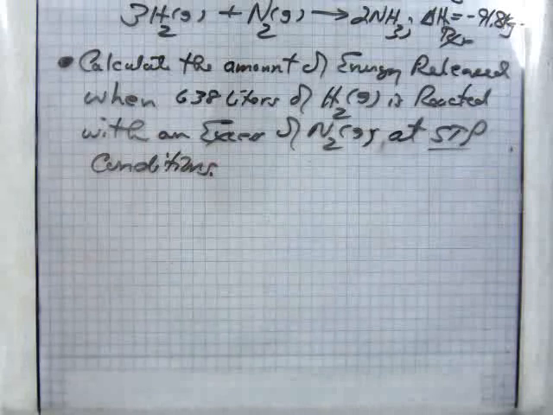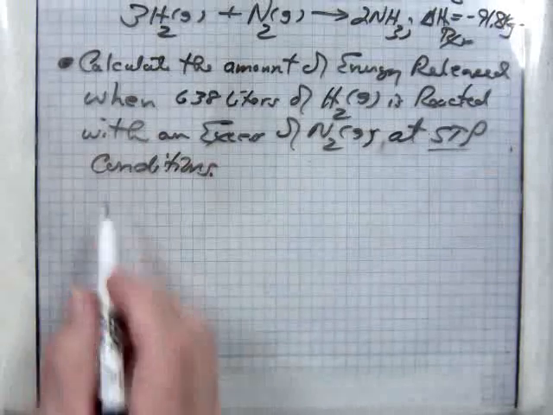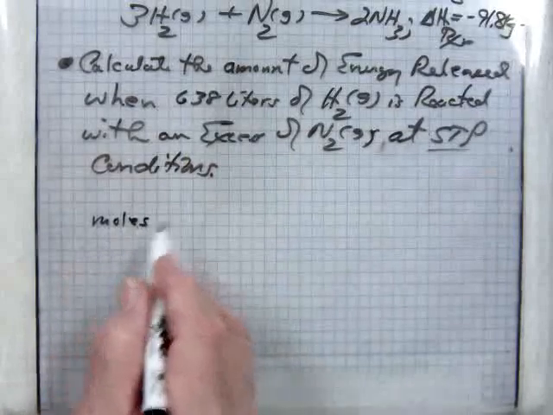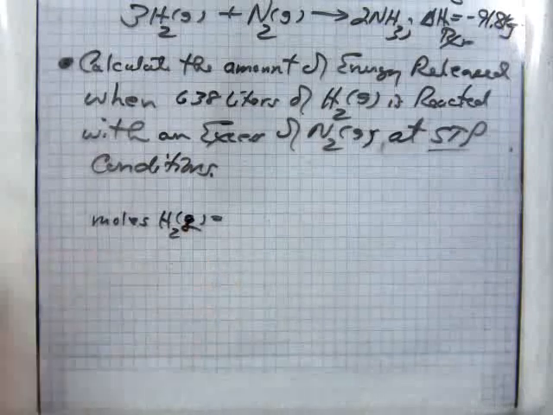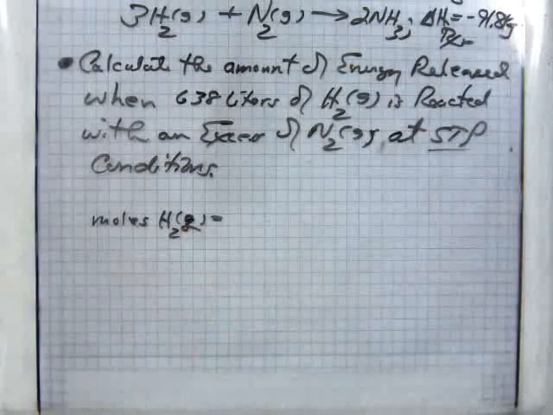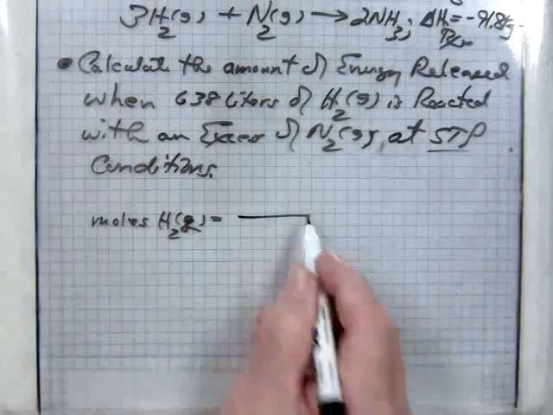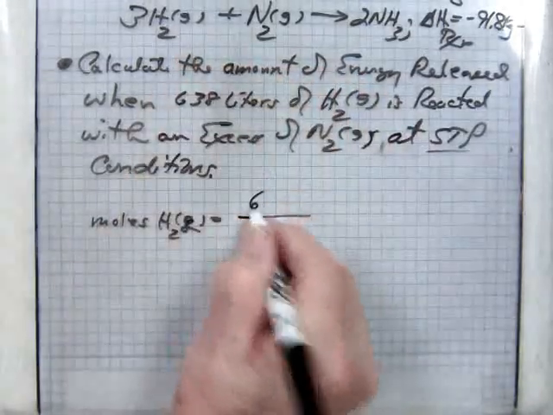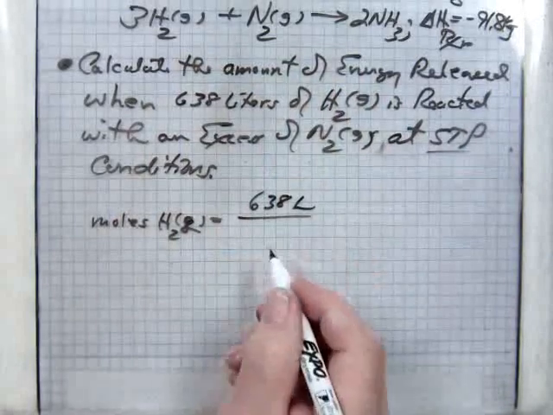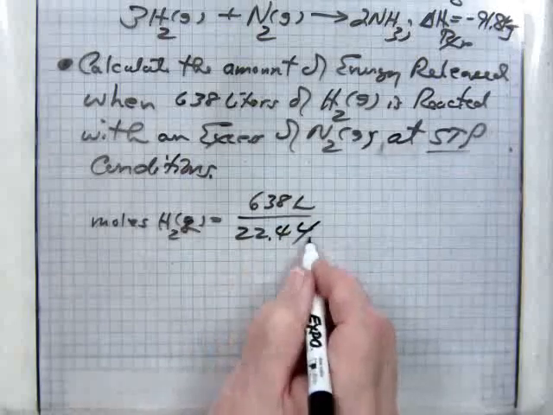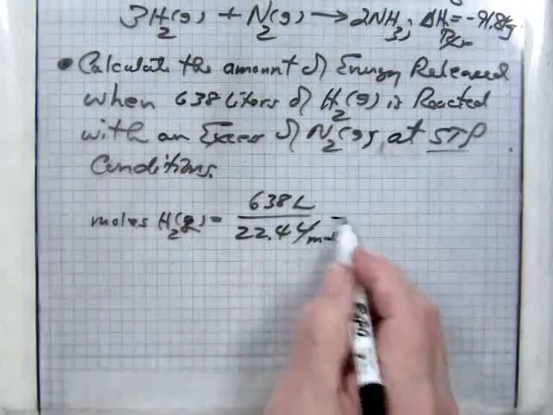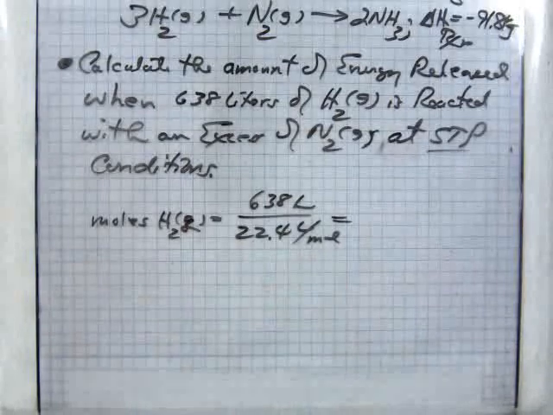Anybody? Real easy, guys. What do you do with 22.4? Divide. All right. So, given 638 liters at STP, we divide by 22.4 liters per mole, and that'll give us the number of moles of hydrogen.